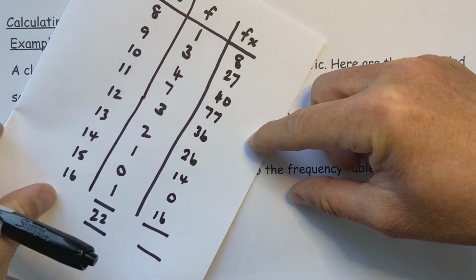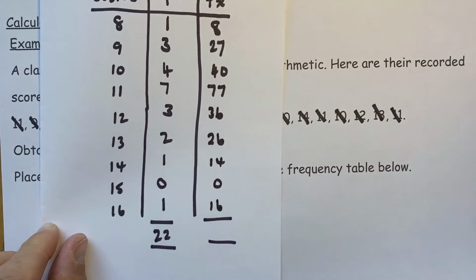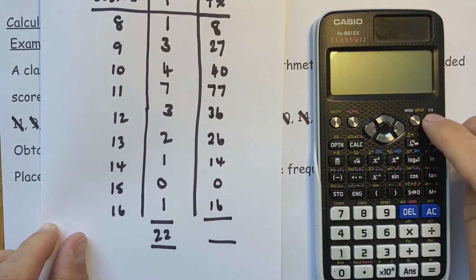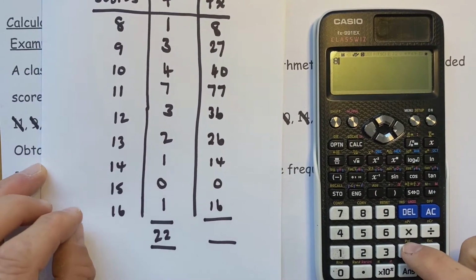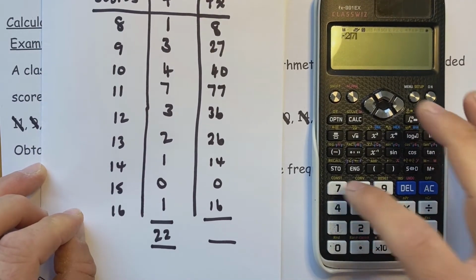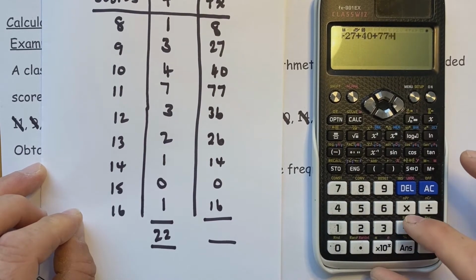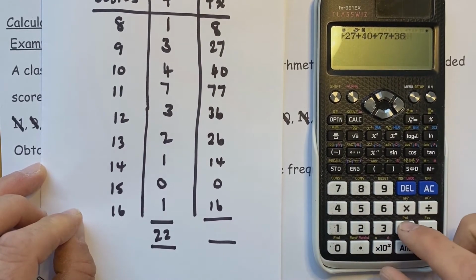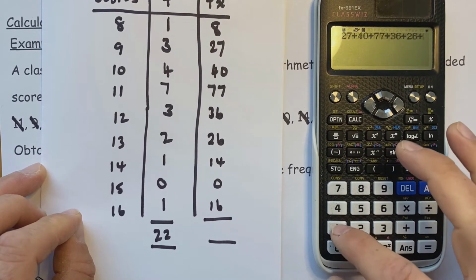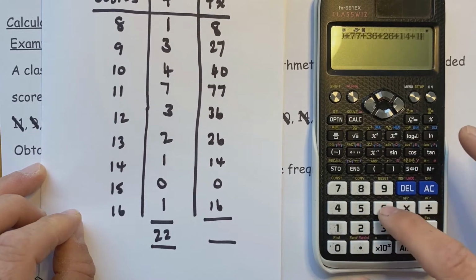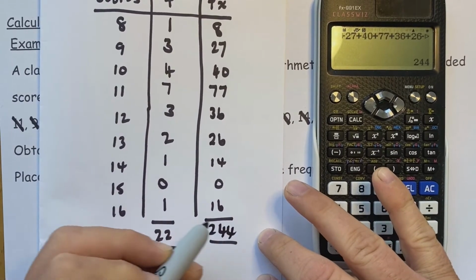And then all I have to do now on the calculator is add those scores together, which is far less than the 22 numbers. So we've got 8 added to 27, added to 40, added to 77, added to 36, added to 26, added to 14, added to 16, and that comes to 244.